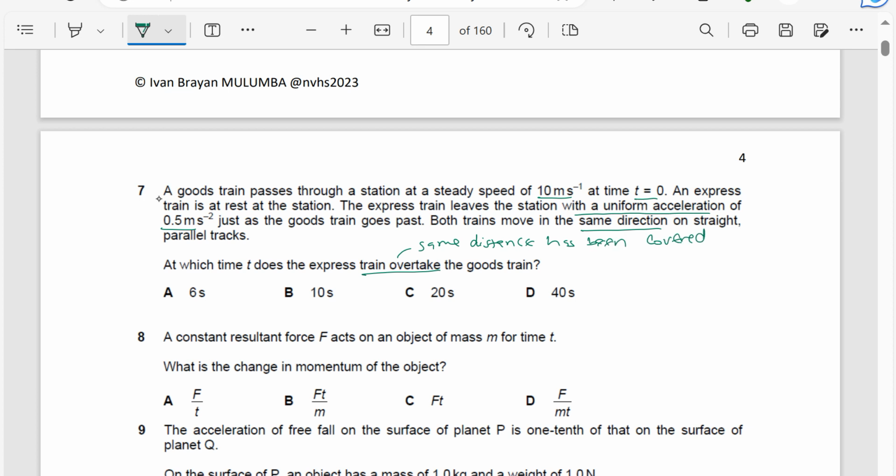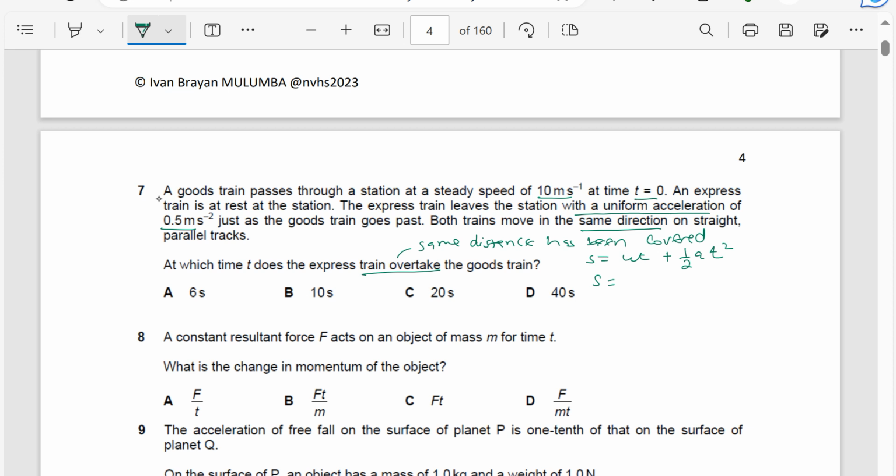At the point of overtaking, the same distance has been covered. So if that is true, then I'll use S equals ut plus a half at squared. For the first one, S is going to be equal to, of course, they start from rest, an express train at rest.